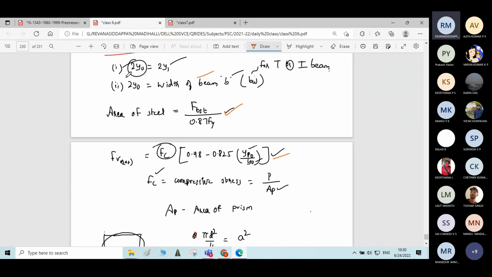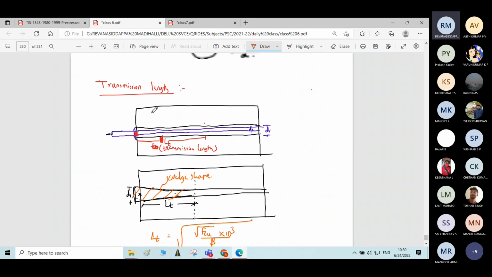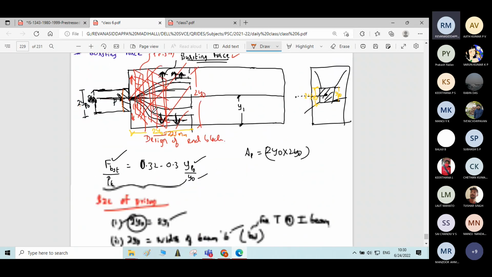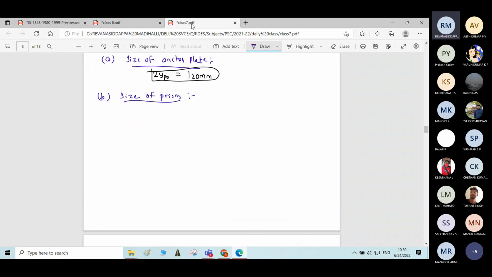So we have the guidelines here. We have to calculate the 2 y naught value by using two different calculations. 2 y naught is equal to 2 y1. First calculation: 2 y naught is equal to 2 y1. So the y1 value is known in this case.